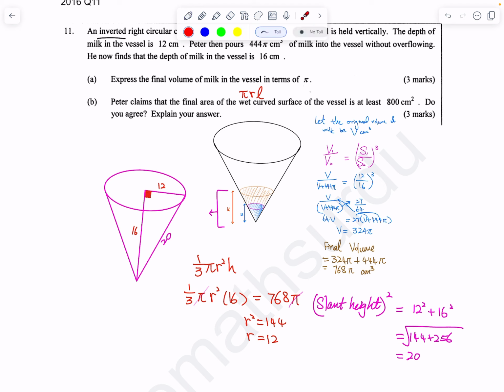And then you want to find the curved area. The wet curved surface area is the part that has milk, so this part. I have my pi, I have r, I have l.